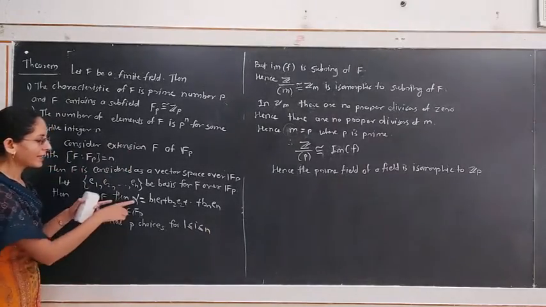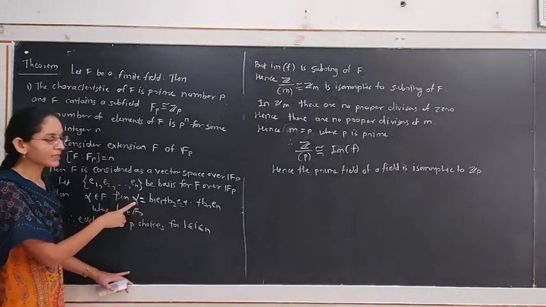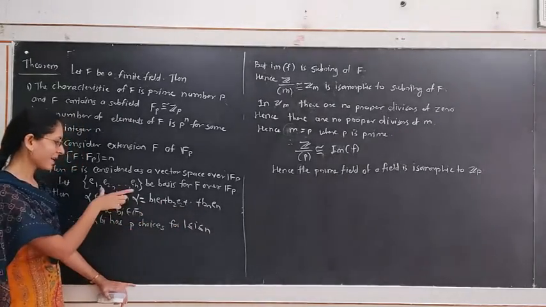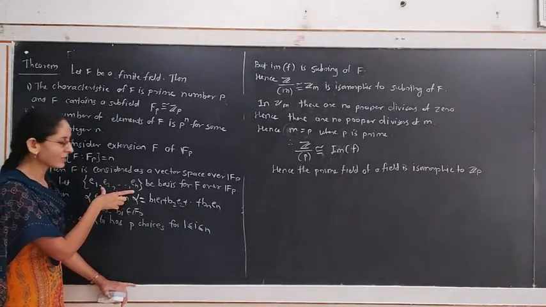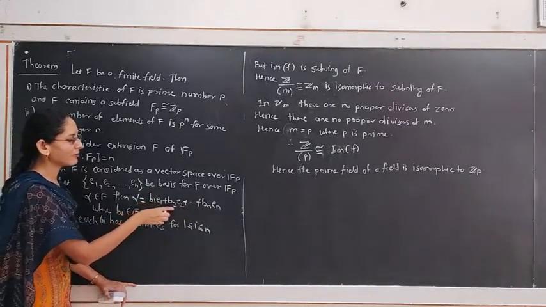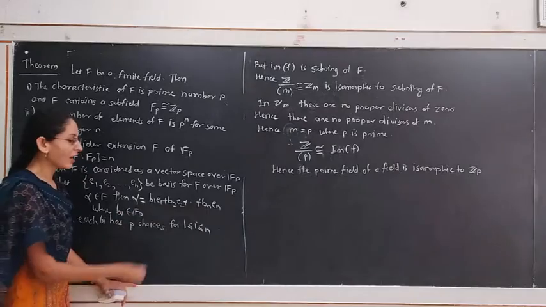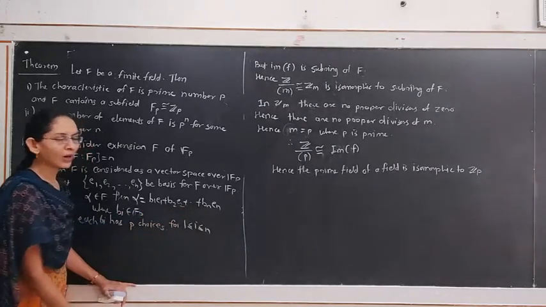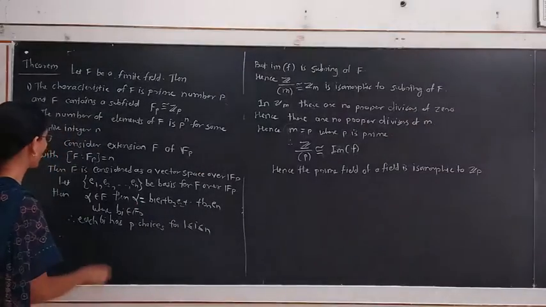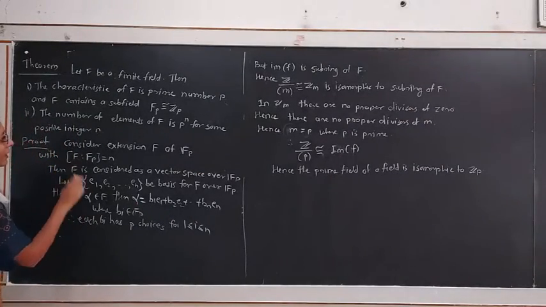Hence, we get alpha as p raised to n, because each bi has p choices and there are n basis elements. We are considering the linear combination of n terms b1 e1 plus b2 e2 plus up to bn en, and b1, b2 up to bn all have p choices. Hence we get p raised to n elements in field F.